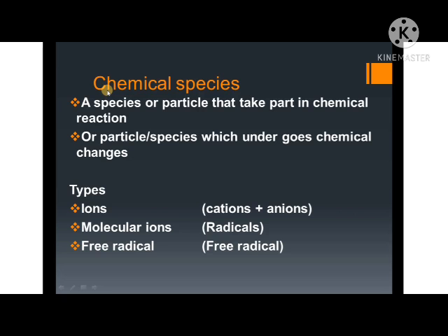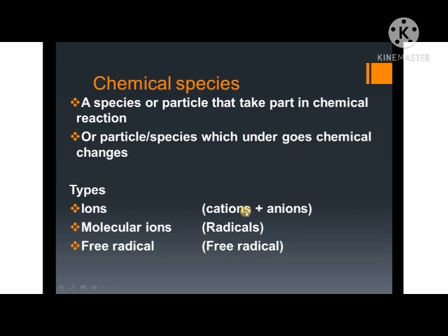There are three different types of chemical species that we will discuss later, but in this lecture video we will focus on the first type, which is ion. And ion has two different types.